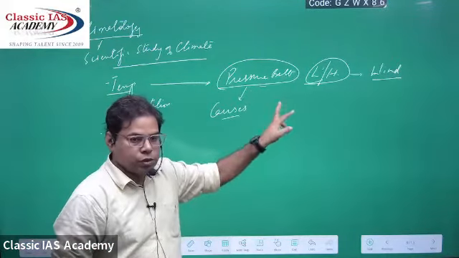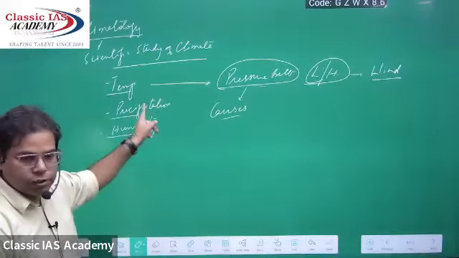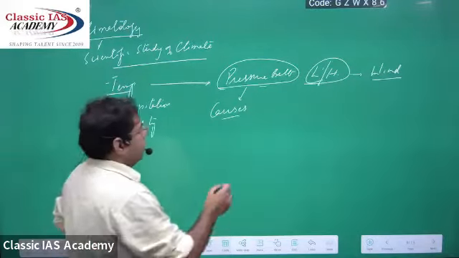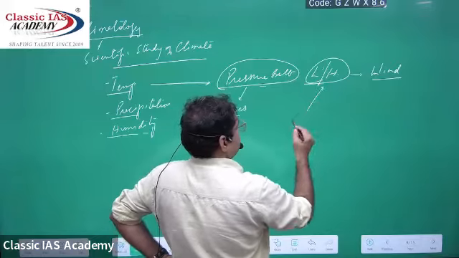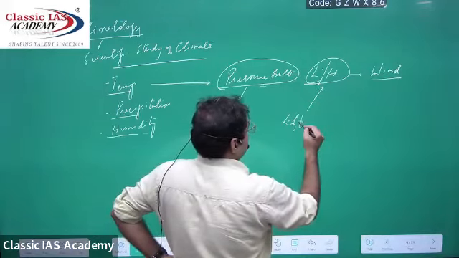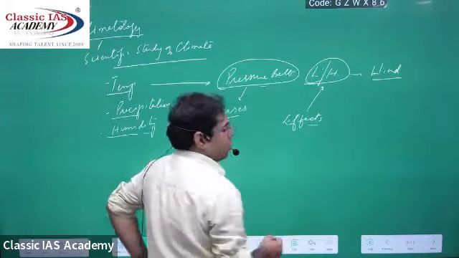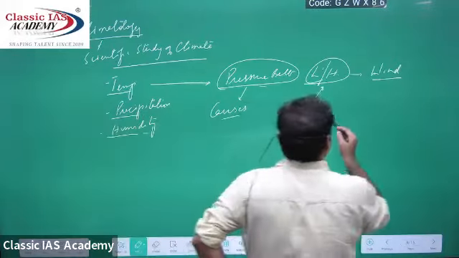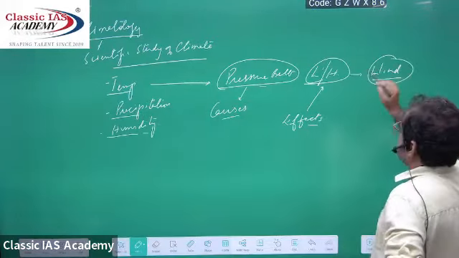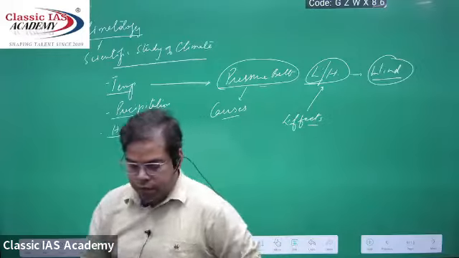So for the pressure belt, the cause is temperature. Then, what is the significance of it? It is responsible for the development of high pressure and low pressure. And what is the effect of the low pressure? It is responsible for the movement of the wind. Clear?